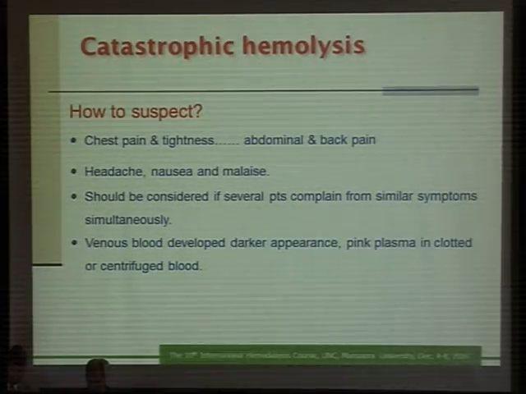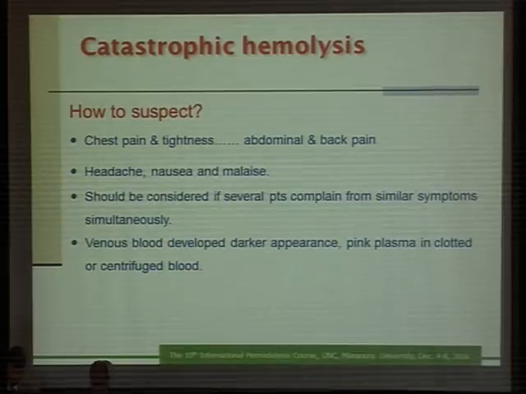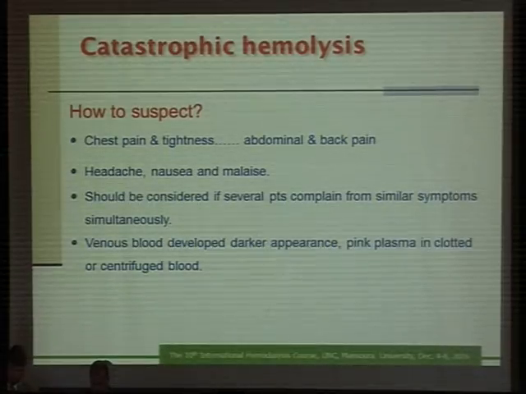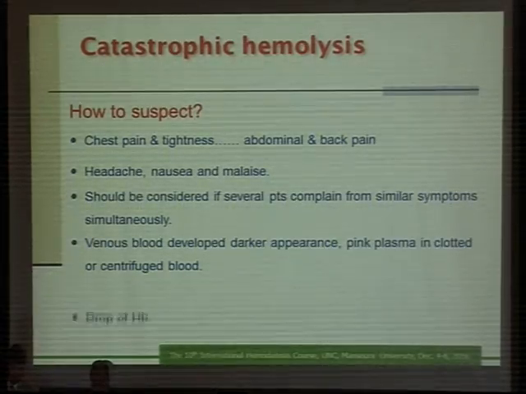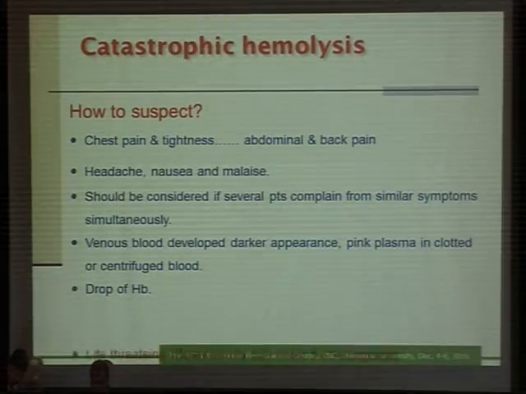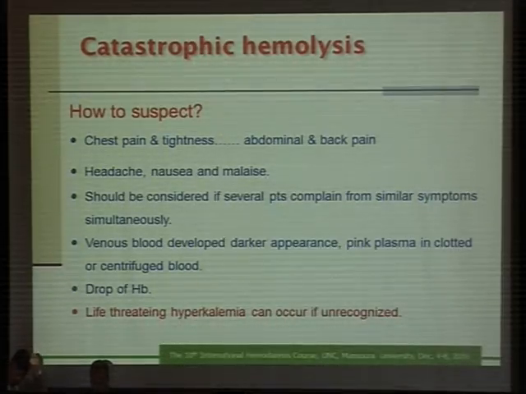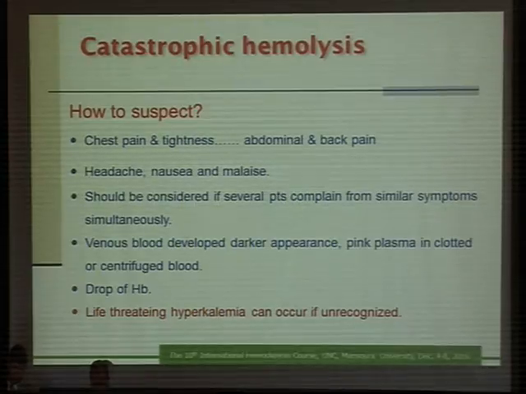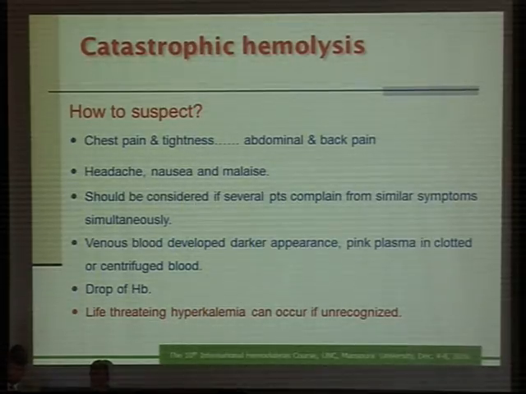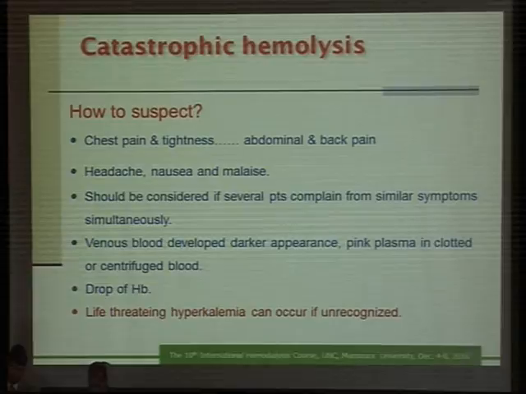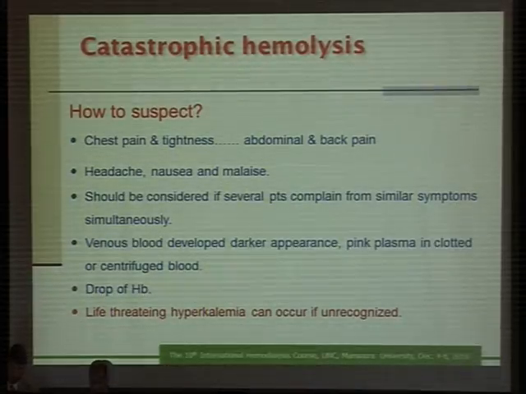The venous blood becomes darker, and there is pink plasma in clotted or centrifuged blood. There is a drop of hemoglobin, and the most serious is the development of life-threatening hyperkalemia if this complication is not recognized.